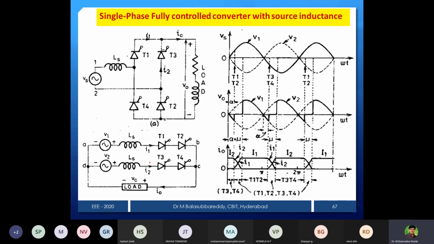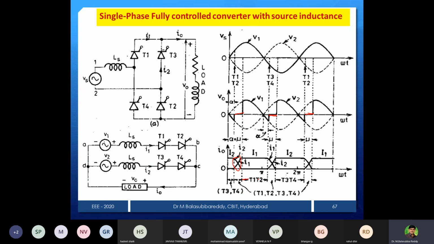We assumed that the source has negligible or zero impedance, but practically there is an impedance that we have to take care of. Now you can notice that wherever the overlap period is there, the output voltage will be zero, in both the positive half cycle and negative half cycle instants.